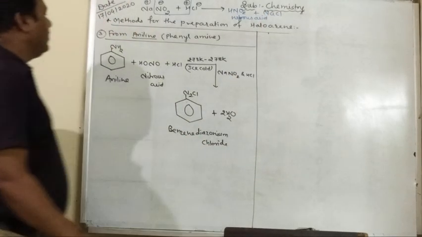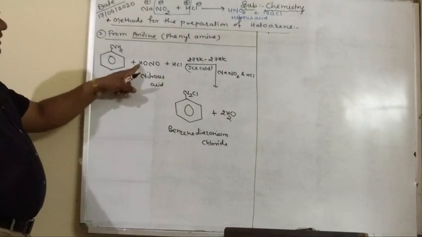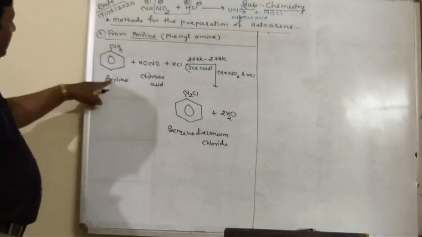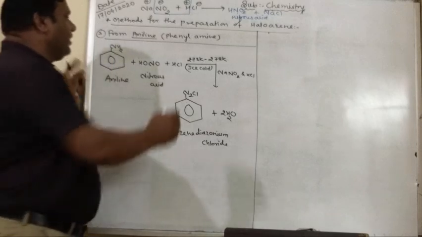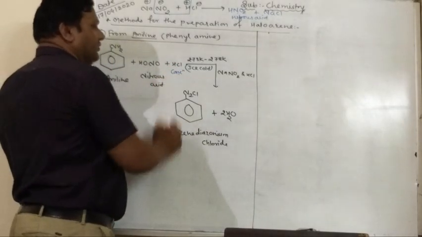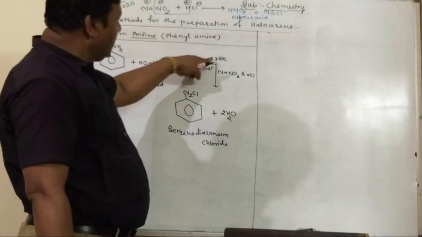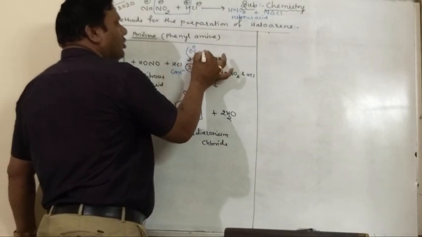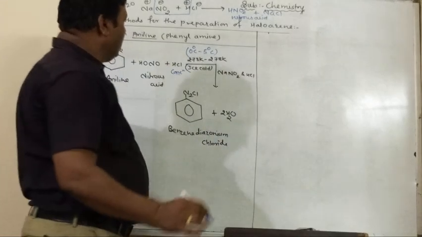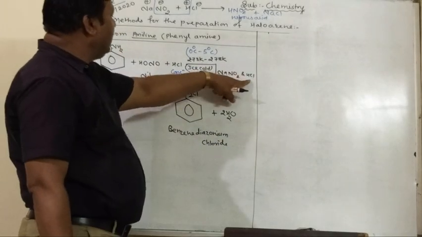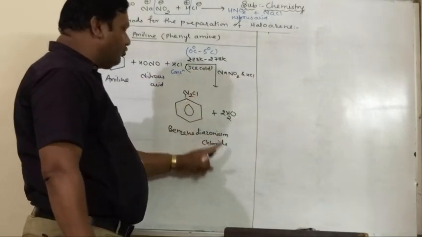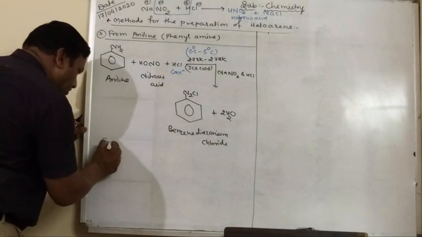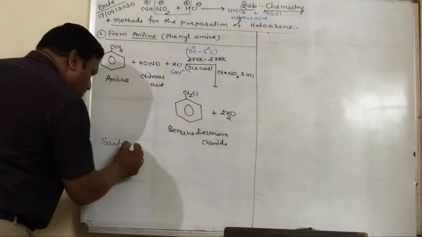Here HNO2 we can write as HONO, that is nitrous acid. And when aniline reacts with nitrous acid plus HCl at 273 Kelvin to 278 Kelvin, means 0 degree Celsius to 5 degree Celsius, in presence of sodium nitrite and HCl, you get benzene diazonium chloride and water.